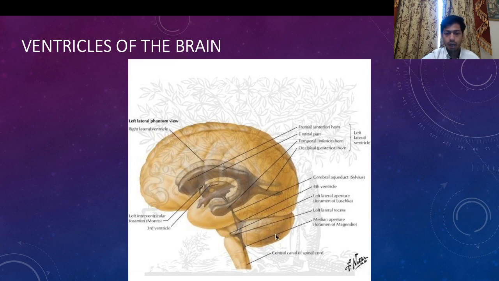So either in the third, the lateral, or fourth ventricle, whereas the rest is in the spinal cord, which is obviously composed of its own different layers. But it's mainly the subarachnoid space where the CSF can be found.